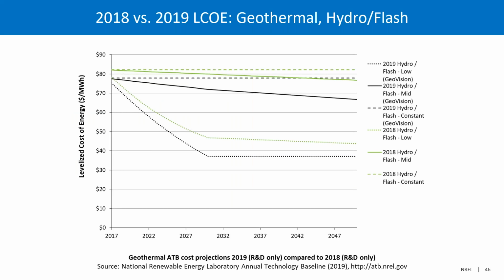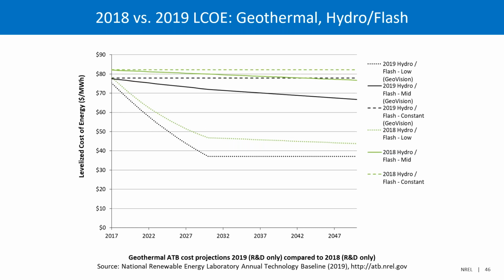All right, so this is the projections for the levelized cost of electricity for both 2018 and 2019. This assumes just one of the four scenarios, a hydrothermal resource which is the conventional resource that uses a flash plant at the surface. In the high scenario, costs are constant and there's not much to talk about there.